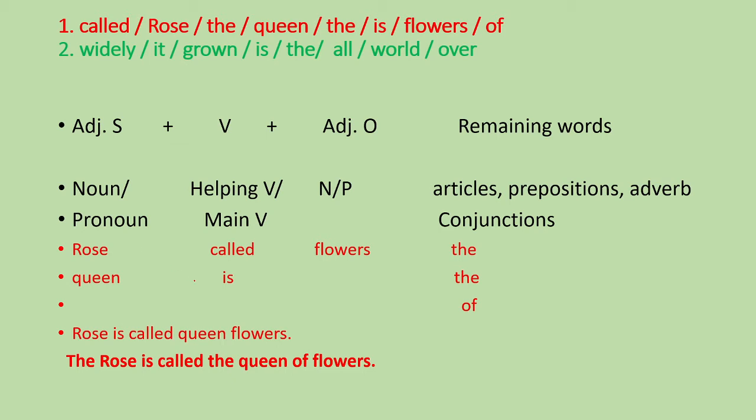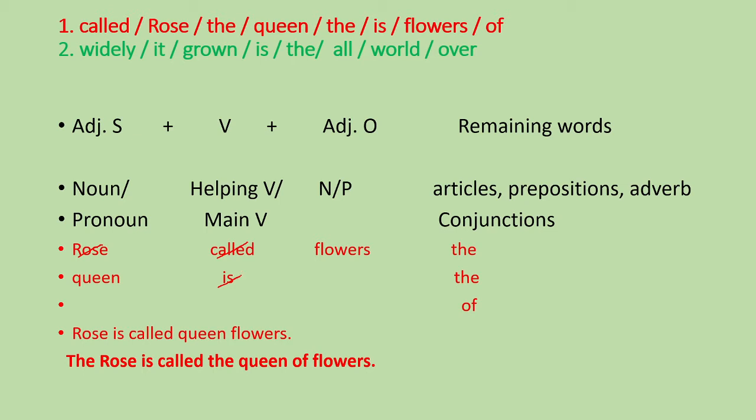You can write these three words first and cut them here so that you do not choose these words again. Once you've written rose is called, you can cut rose from here, cut called, cut is. This is the elimination method, so we are eliminating those words which we have already used.